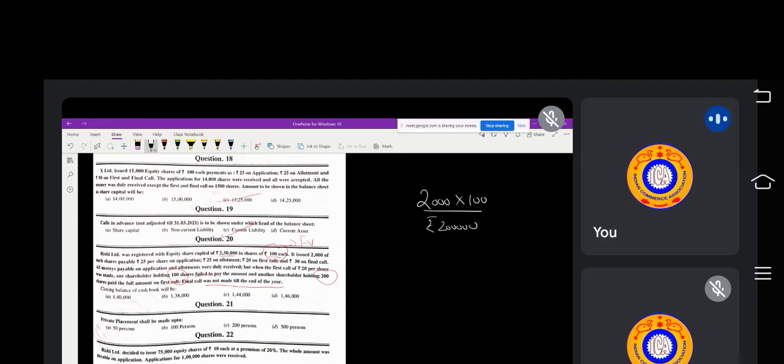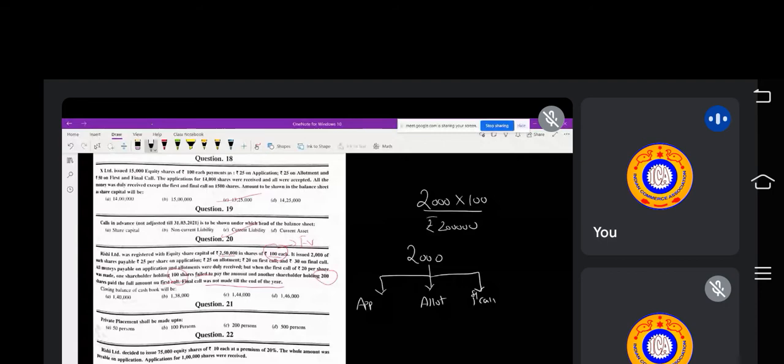Now, how has the amount of 100 face value got divided? It is quite simple. The 2,000 shares have got split in such a way: application, allotment, first call and final call.